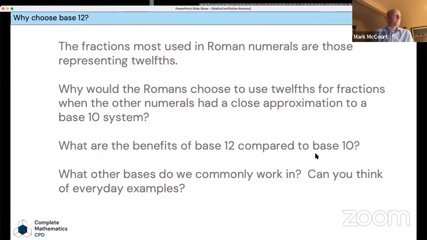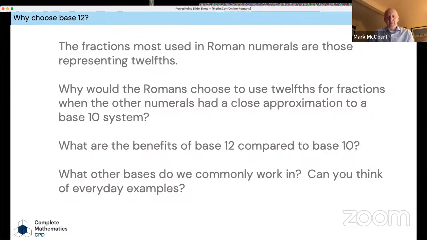So we might ask pupils, given that the Romans were pretty much working in base 10, why would they choose twelfths for their fractions? Why shift away from the 10 and talk about twelfths? And we can ask the pupils to have a conversation about that. Now, clearly what's going on is that 12 has many more factors.